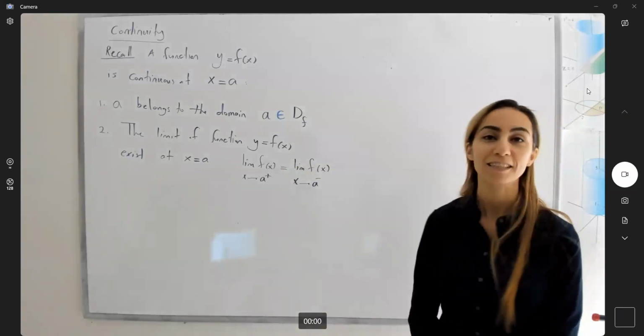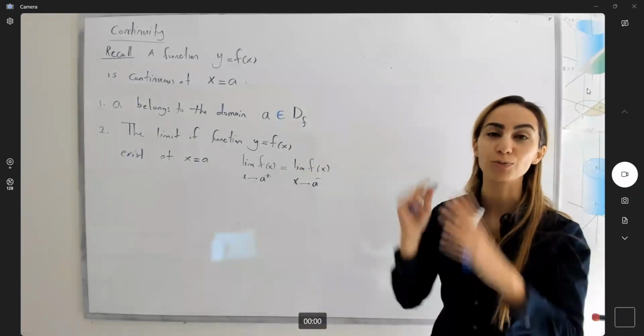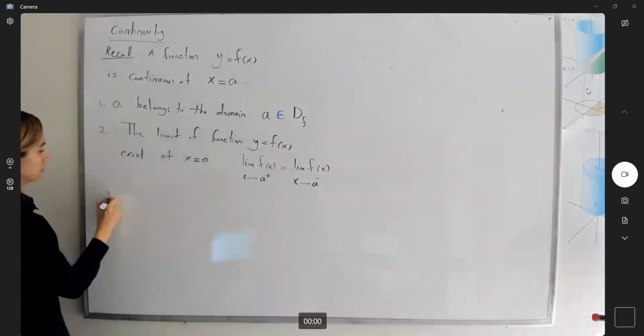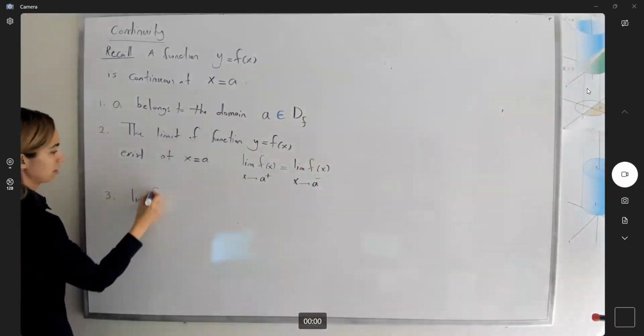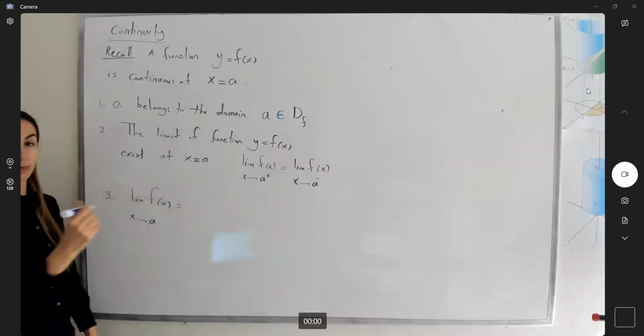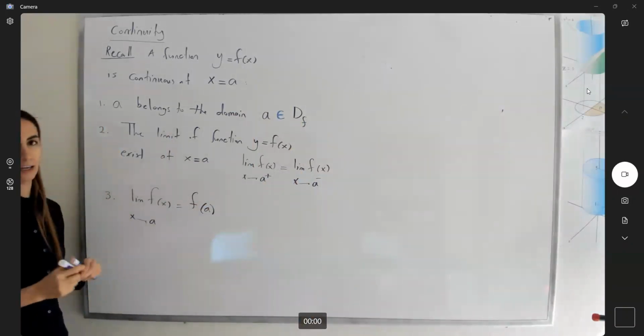Then the limit of the function must be equal to the output value of the function. 3, the limit of f of x as x approaches a must be equal to the output value of the function at a, f of a.